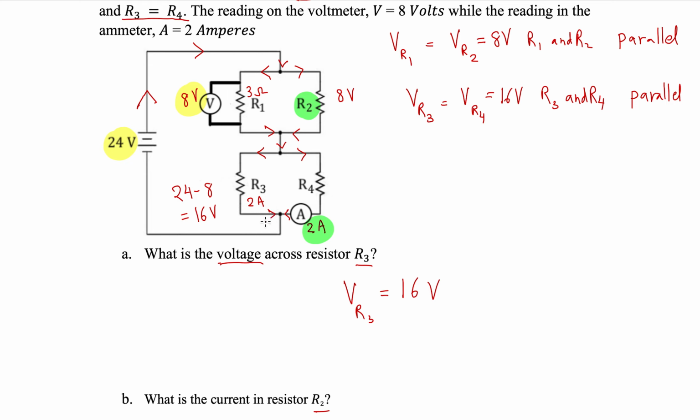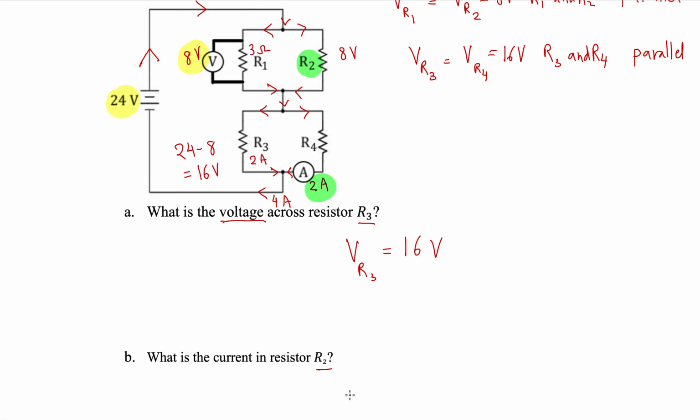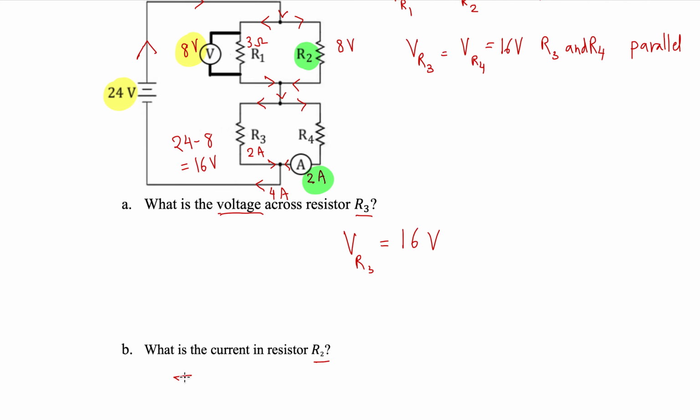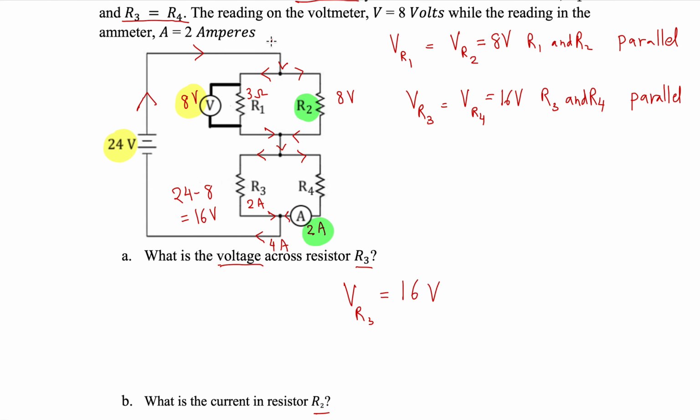So 2 amperes from R3 and 2 amperes from R4, the total current which will come back is 4 amperes. So the total current is equal to 4 amperes. That's the 4 ampere current reaching from the battery to this junction here. So now we know the total current is 4 amperes.